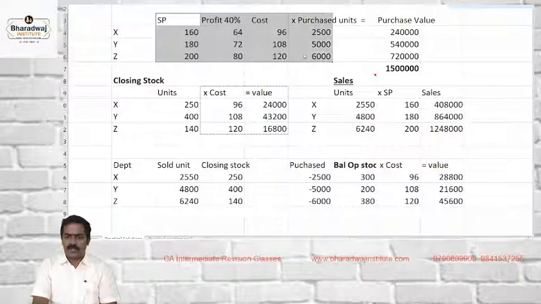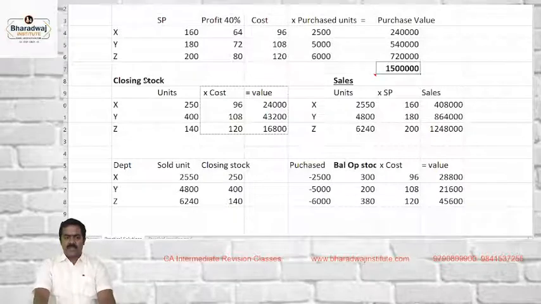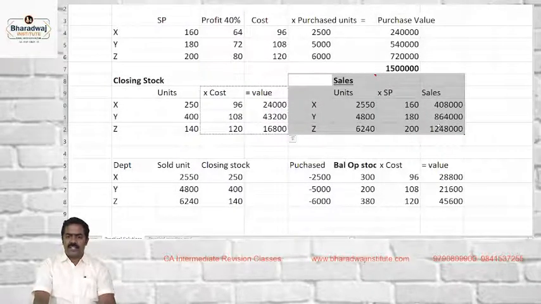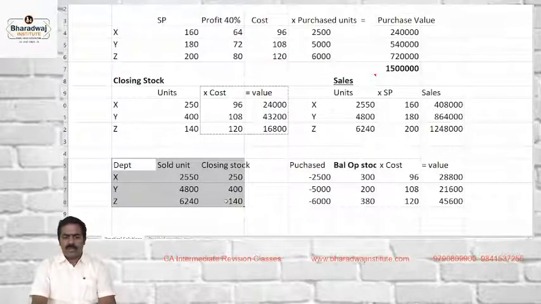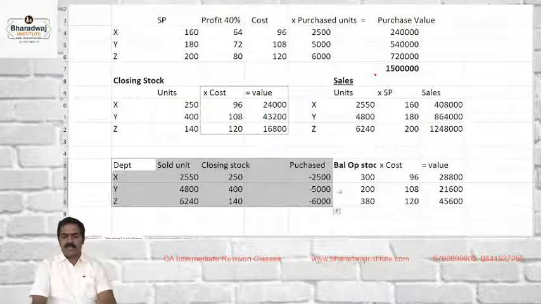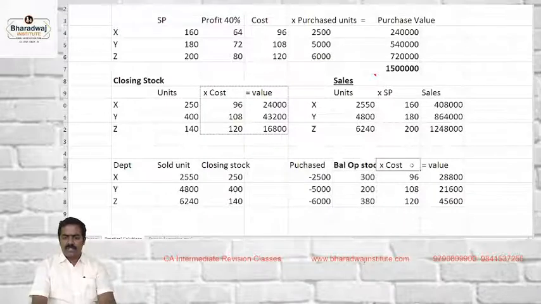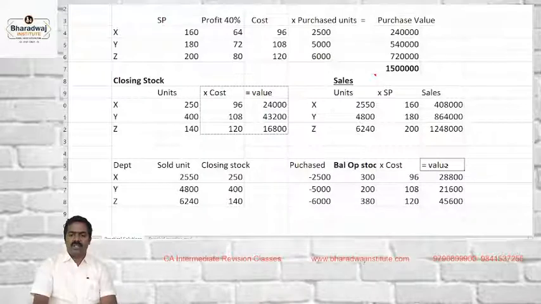Cost into purchase units will give us purchase value. We verified that 15 lakhs first. Closing stock into cost will give us the value. Sales into selling price gives us sales. Then we sold out this much, closing stock is this much. We purchased, the balancing figure is opening stock. We assume the same cost for last year also. We get the value of opening stock.